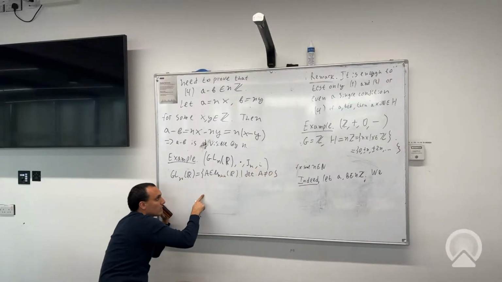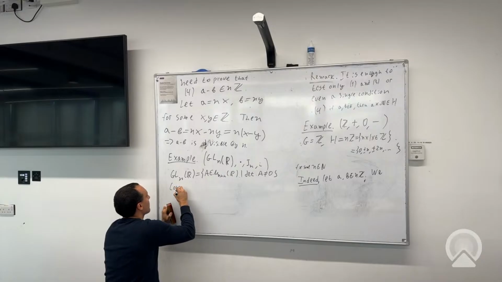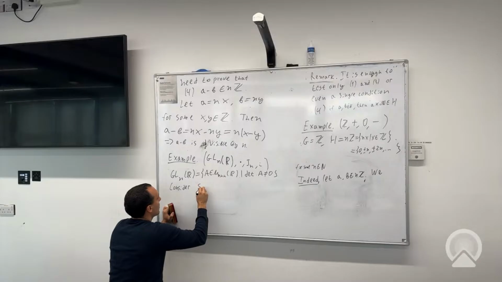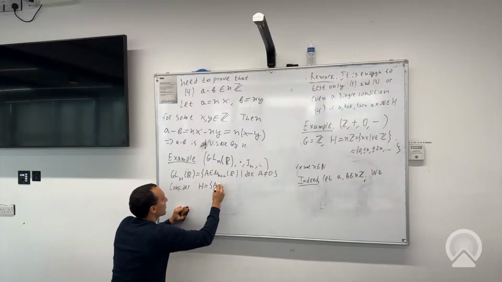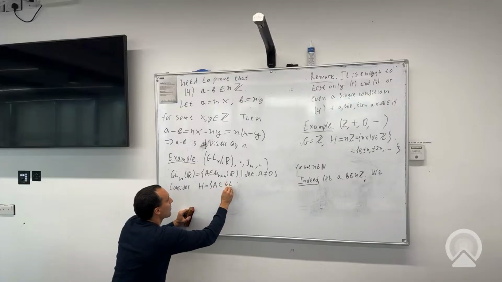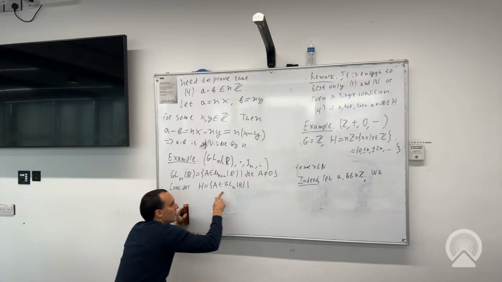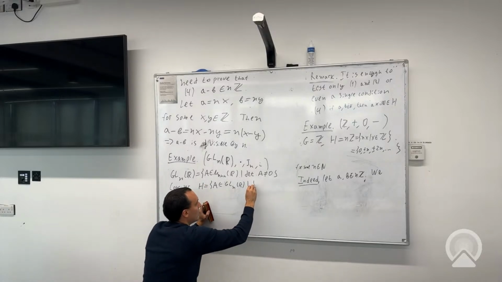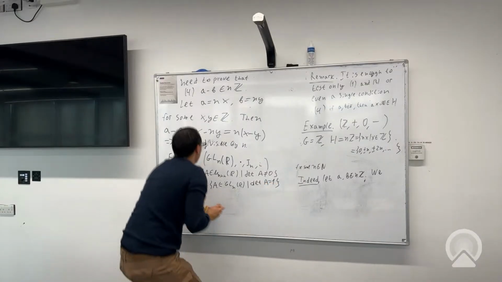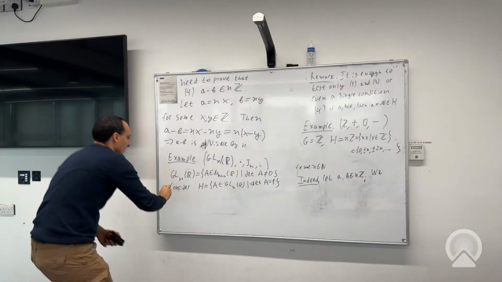And consider the special linear group, the set of matrices that are not only invertible but whose determinant is 1.